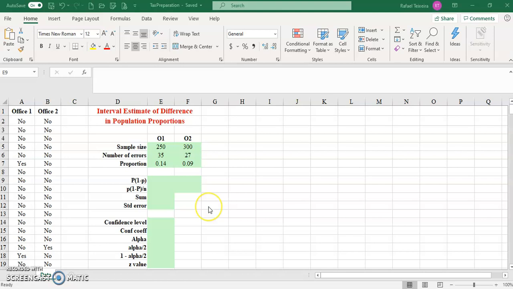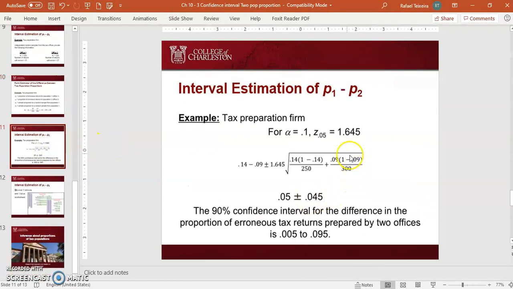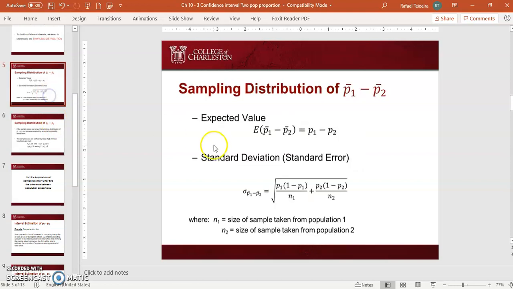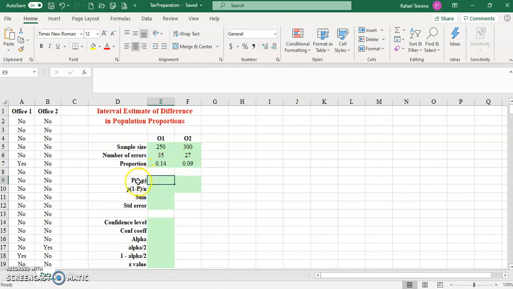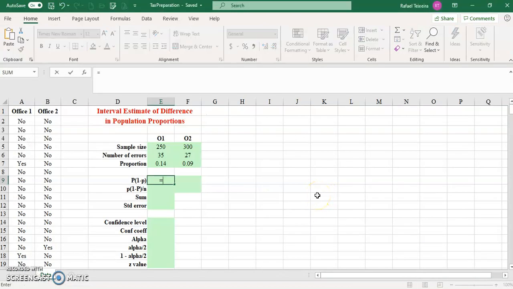Now I'm going to compute the standard error. So I'm going to compute this part of the formula under the square root. This is called the standard deviation, and that comes from this formula here. I'm going to start with p multiplied by 1 minus p. That is equal to proportion multiplied by, open parentheses, 1 minus the proportion.